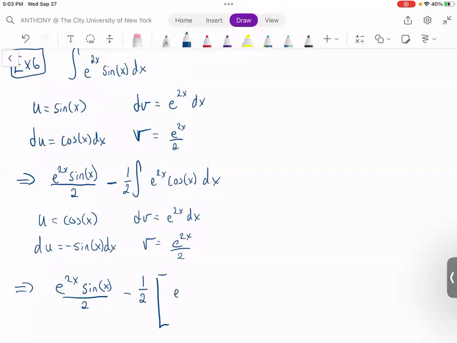So I'll have e to the power of 2x times cosine of x divided by 2 minus the integral of v times du. But as shown before, since v contains a fraction, we pull the 1/2 out. So we have 1/2 of negative e to the power of 2x times sine of x dx.